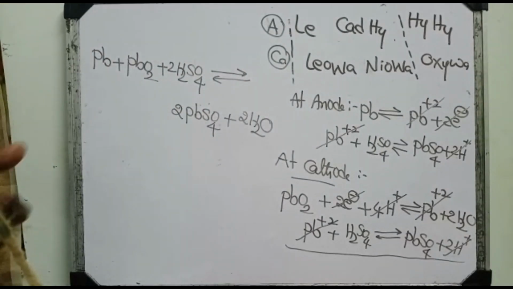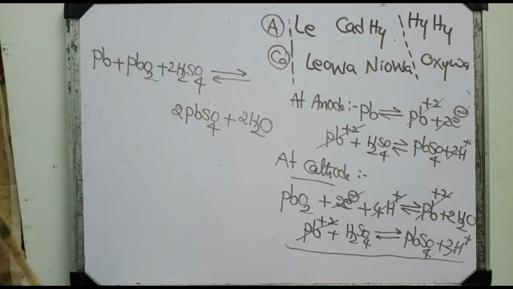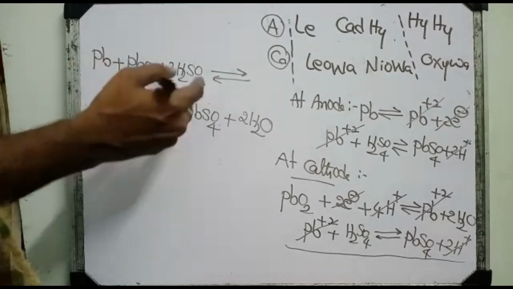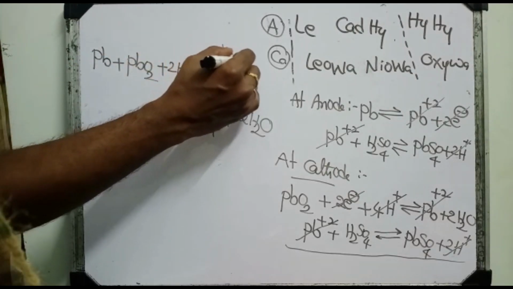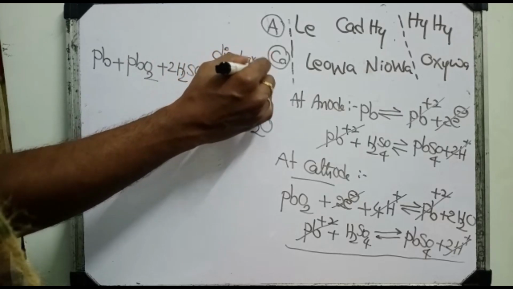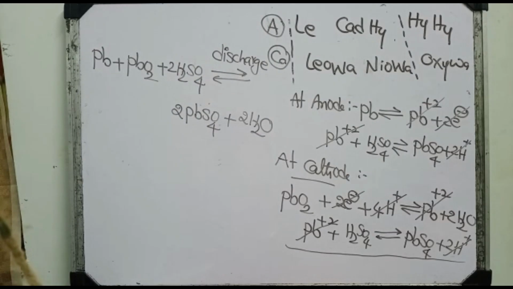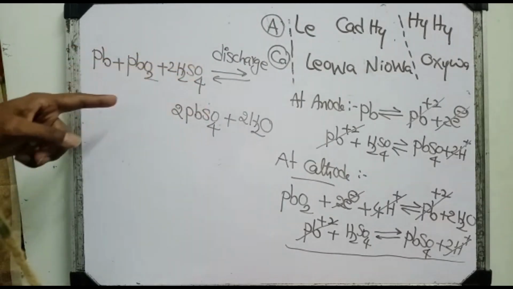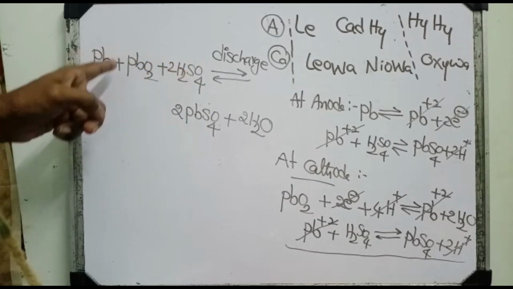In examinations they directly ask which of the following is the lead storage equation. Two important points: when lead is dissolved, we call it discharge. They will ask what is the discharge equation in lead storage battery: Pb, PbO2, 2H2SO4, left to right.